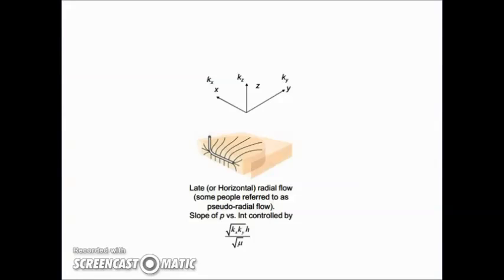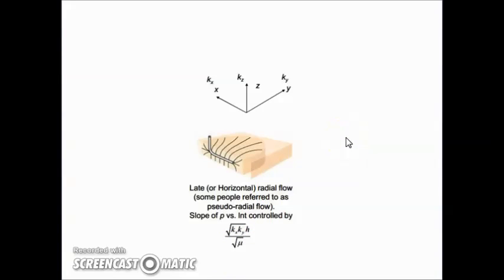Alright, you just learned about early radial flow and intermediate flow. Now, let's move on to the late radial flow. Late radial flow, also called pseudo-radial flow, is when the slope of P versus ln t is controlled by this expression: the permeability in the x direction multiplied by the permeability in the y direction and multiplied by the thickness of the formation, divided by the square root of viscosity.